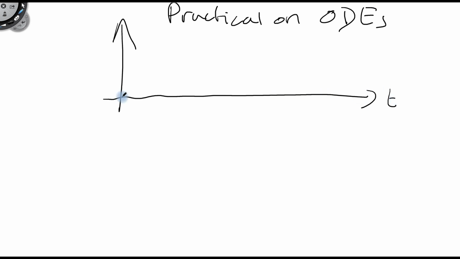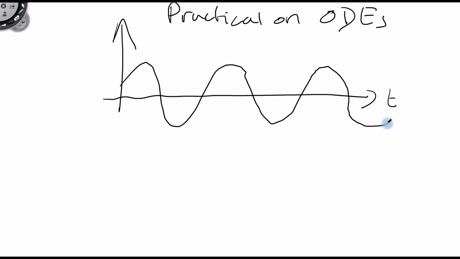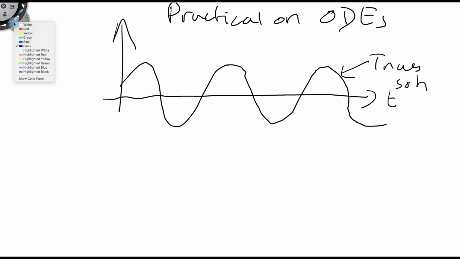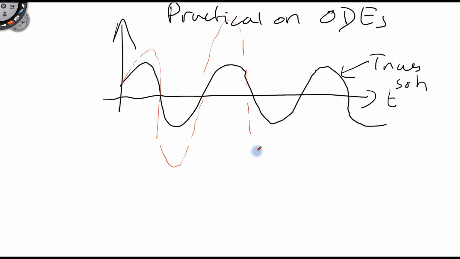So you'll find we'll start off with a true solution like this, which is constant amplitude. But you'll find the forward Euler then, with its amplification factor greater than 1, will grow unbounded.